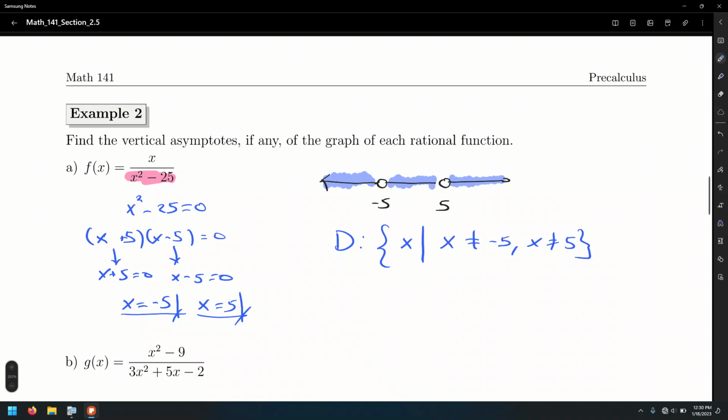The other way to describe the domain, which is using interval notation, well, in this case, we need to describe each of these shaded regions using parentheses or brackets, depending on the situation. The fact that we have this arrow pointing to negative infinity is telling us that it's coming from negative infinity, and it's going to stop at negative 5.